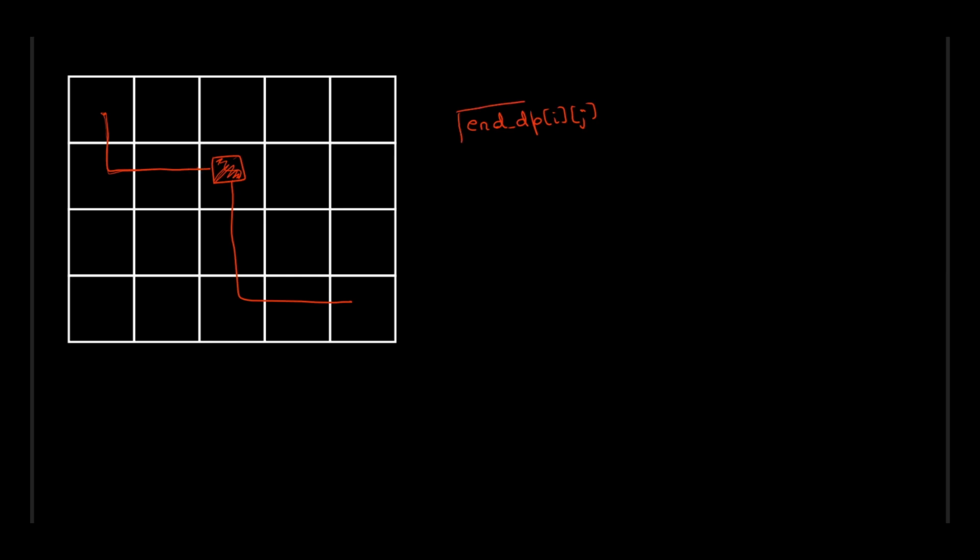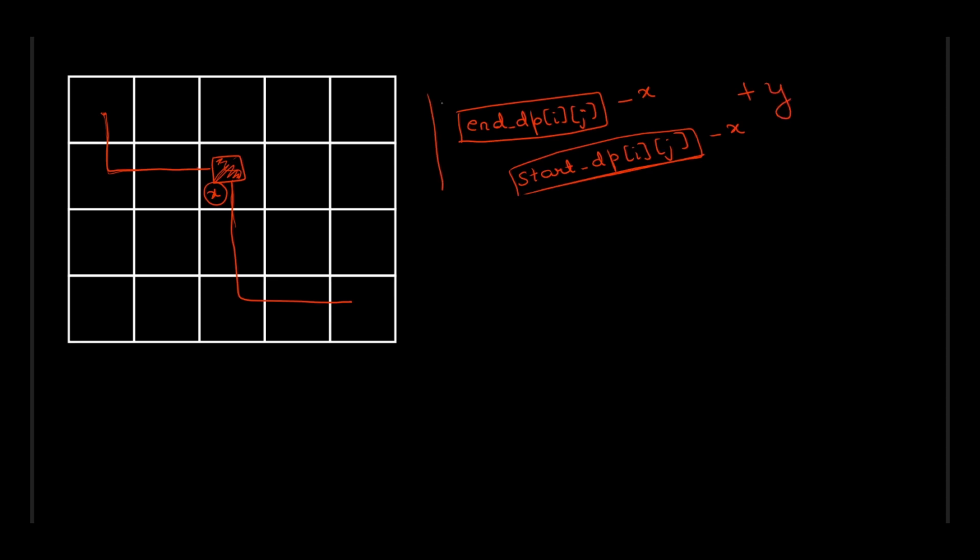So you can have end dp of i j, and then you can go from here to the last cell via start dp of i j. And you know that something has been double counted, which was your x that was written over here previously. It is counted in end dp, so let's remove it. And it's counted in start dp, let's remove it. And we should have counted only y once, right? So this will be your answer if the path crosses the cell that you just changed.